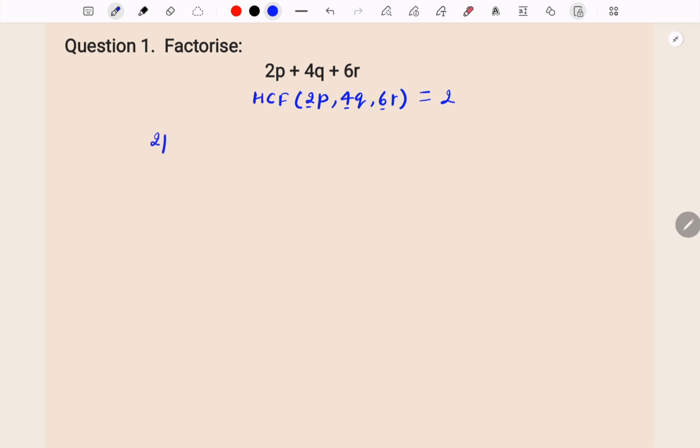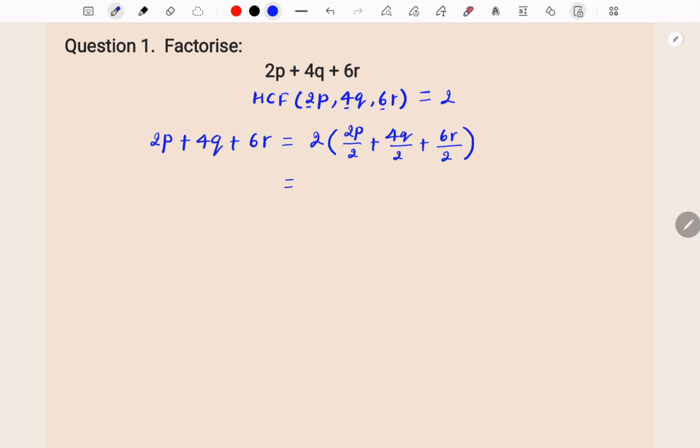Let me rewrite the expression 2p plus 4q plus 6r. So I will factor out 2 and here I will write 2p divided by 2 plus 4q divided by 2 plus 6r divided by 2.